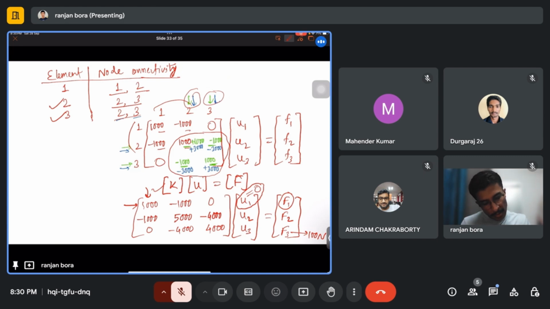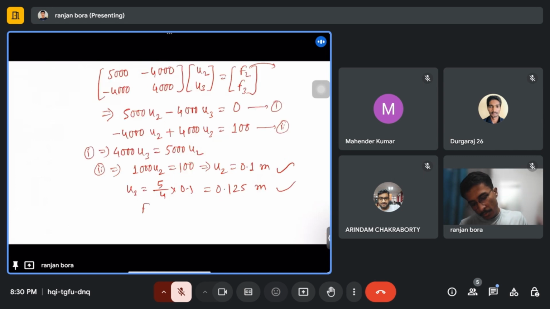Simply, from this matrix we can write 1000 u1 minus 1000 u2 equal to f1. So u1 is 0, f1 is minus 1000 u2.